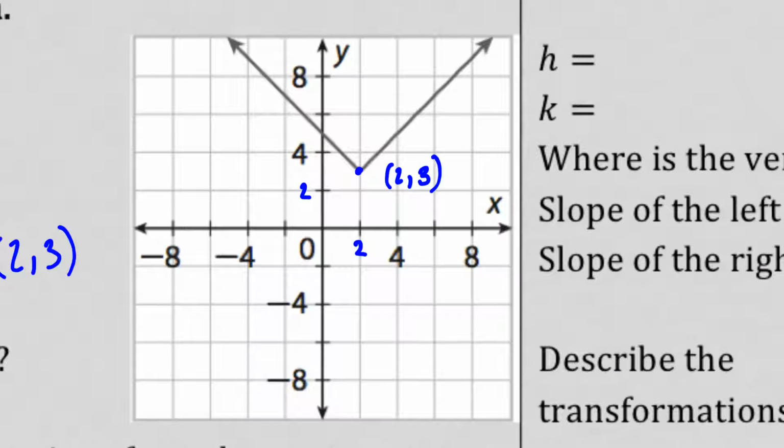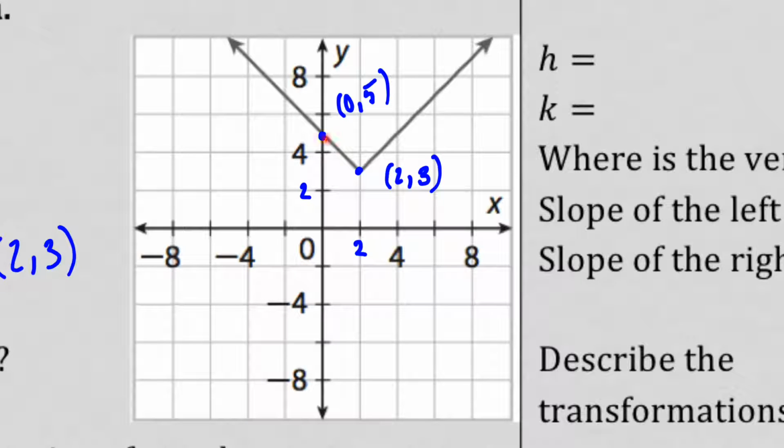What I need to find the slope is to pick another point so that I can make a slope triangle. This point right here is 0, 5, right? Because it's going by 2, so that's 2, 4, and that point is right between 4 and 6, so it's 0, 5. So I can tell pretty much by making a little slope triangle right here what the slope is.